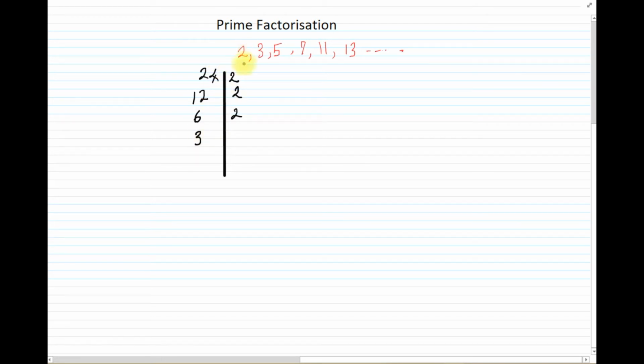We move to the next prime. Is 3 divisible by 3? It is. We get 1. And when we get to 1, here in the left-hand column, we stop. And we write 24 is equal to 2 times 2 times 2 times 3. And these are the prime factors of 24.